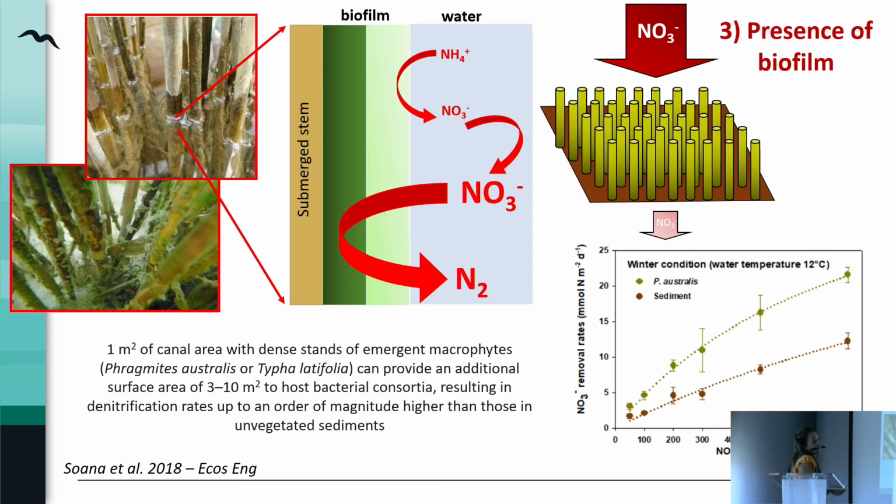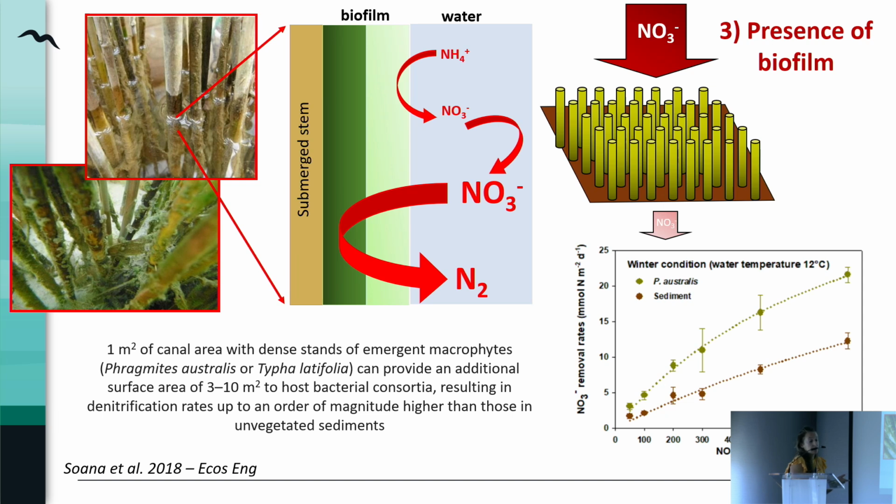Again, the presence of biofilm, of vegetation provides more and more surfaces for biofilm attachment. For example, 1 square meter of canal with a dense stand of vegetation, for example, fragmented reed or cattail, can provide an additional surface area of up to 10 square meters to host bacterial consortium.